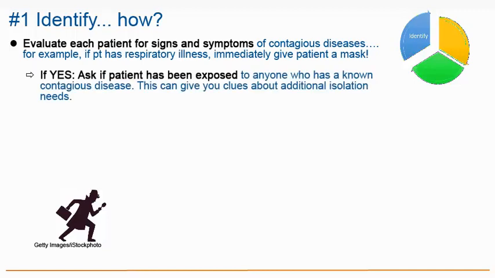If the patient does have symptoms of acute infection, you can also ask if the patient has been exposed to anyone with a known contagious disease. Take note if the patient says yes. This can give you clues about what infection your patient may have and can also give you clues about what additional isolation precautions may be needed.